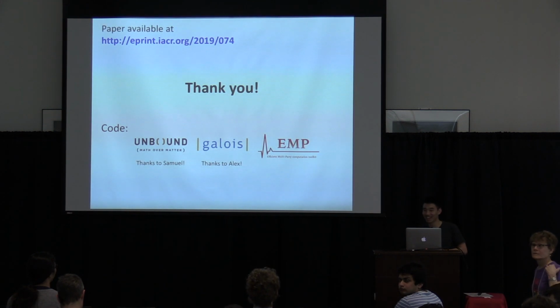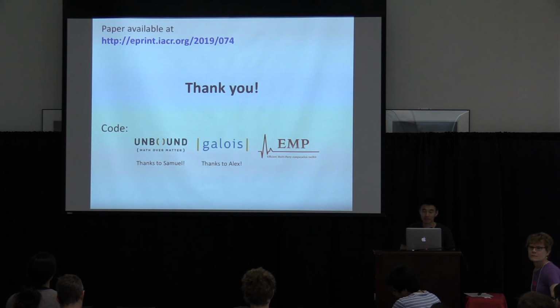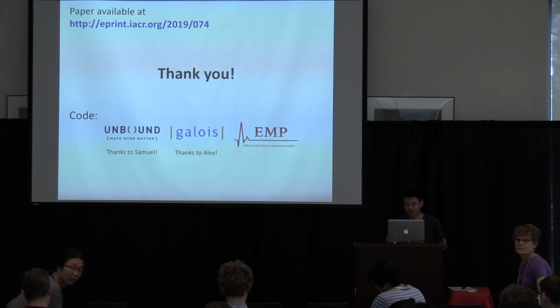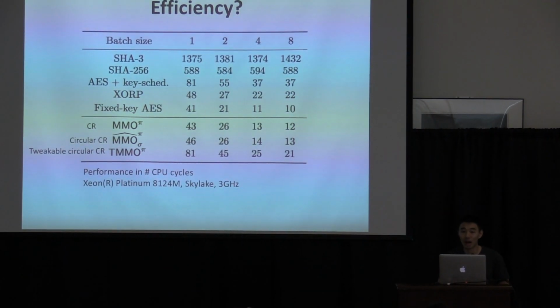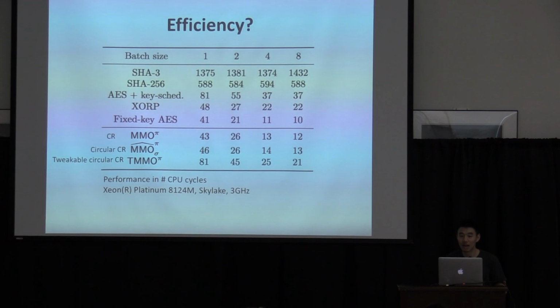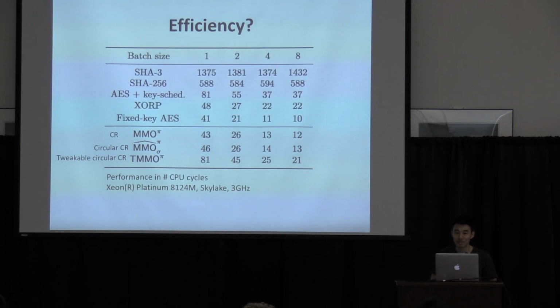You mentioned the XOR of permutations gives you a random oracle. That seemed to be more efficient than the tweakable circular one. So could you use it in place of the tweakable circular correlation robust function?